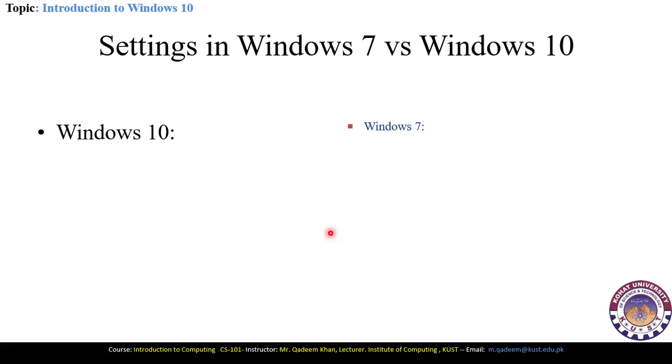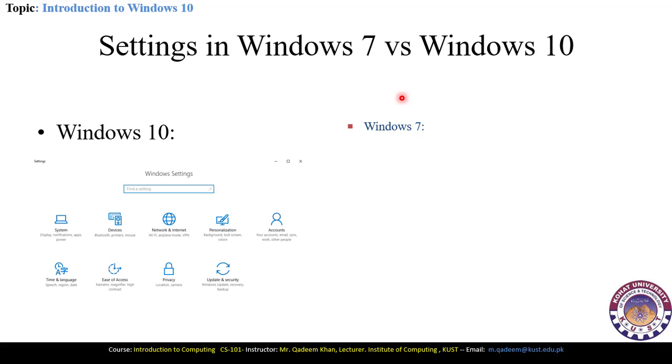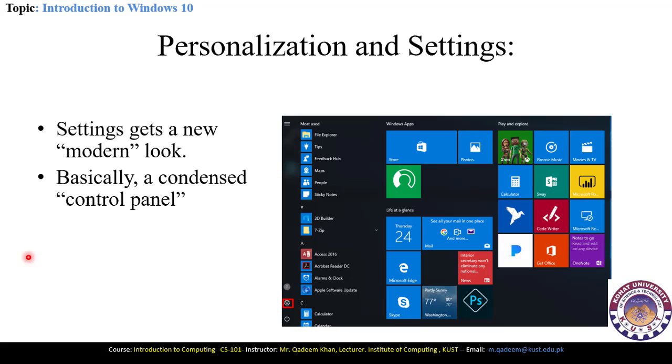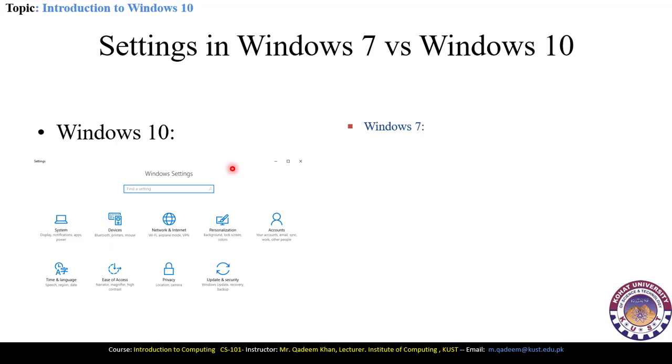Then Windows will provide you the settings. Now there are two different settings techniques in Windows, and we will show you both Windows 10 and Windows 7. In Windows 10, when you click on this settings button, this view will appear.